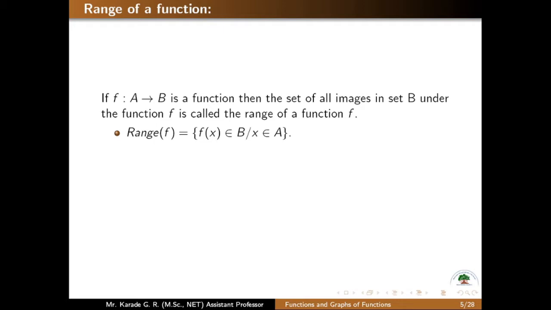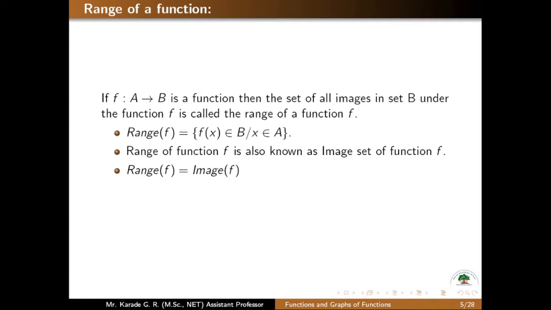Range of function f is nothing but the set of all images in set B, or we can say it is the set of all f(x) belonging to B such that x belongs to A. Range of function f is also known as the image set of function f. Range of f is equal to image of f, and range of function f is always a subset of B.